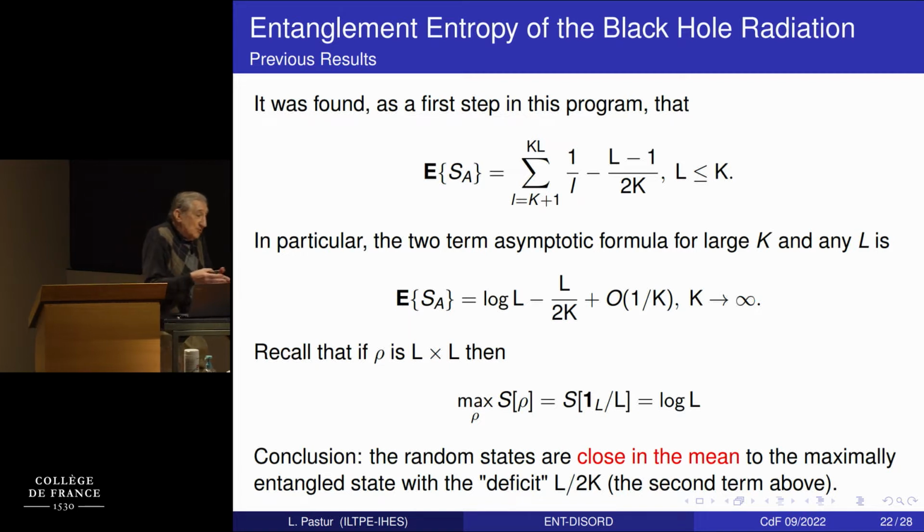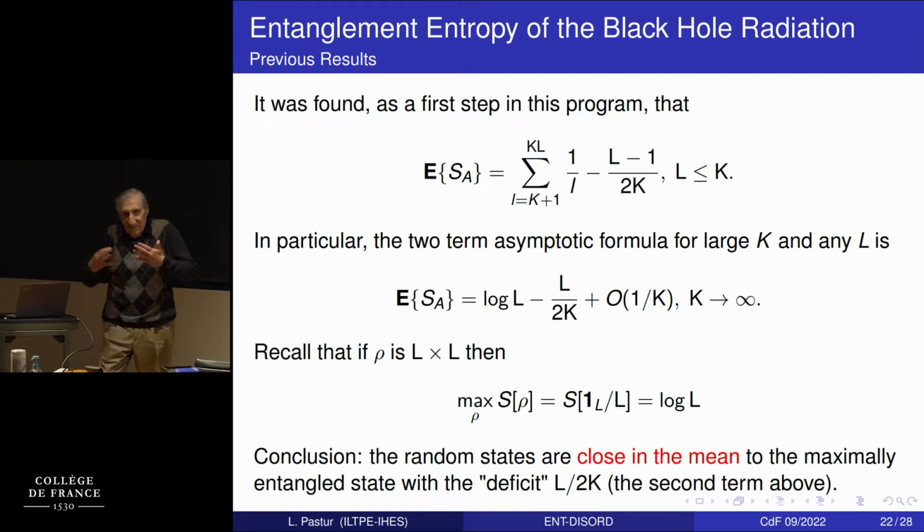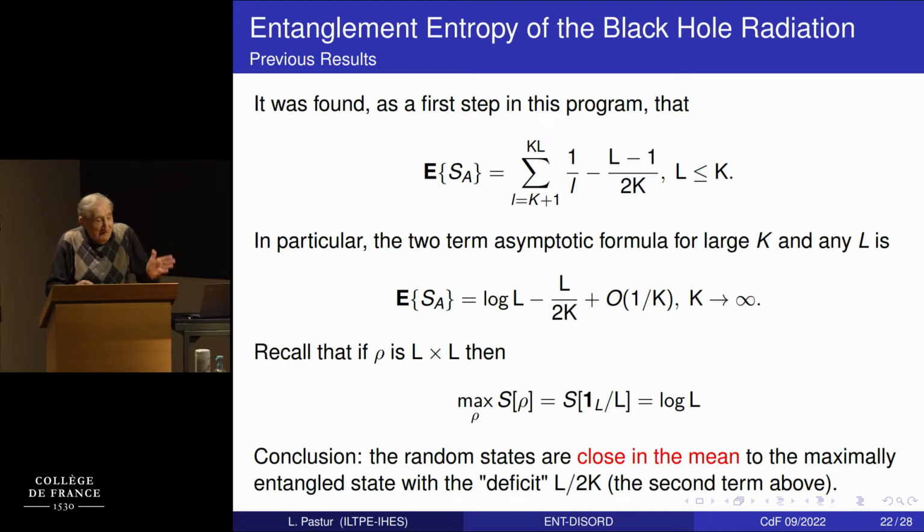Page proposed this model as a model for the initial stage of the radiation, which started quite long ago, to see what is going on in the initial stage. So L is much less than K, and if we assume that K is quite big, in the limit, then the asymptotic formula is like that.